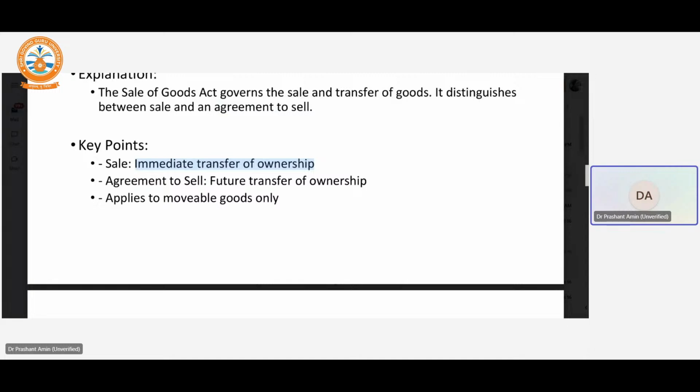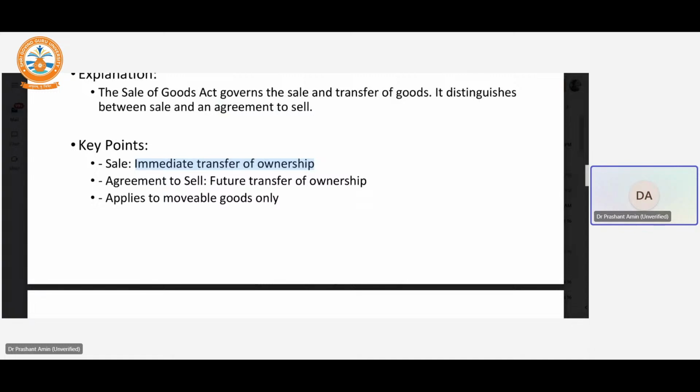I hope you understand there is a difference between ownership and possession. If you read the Transfer of Property Act, it explains in detail the conditions of ownership, the conditions for possession, and the conditions for transfers.